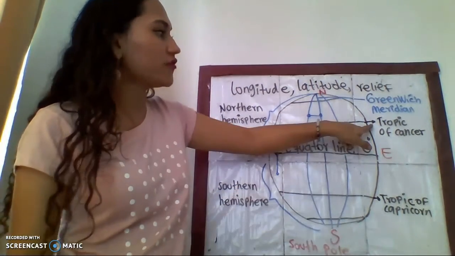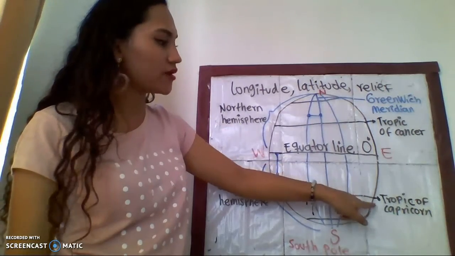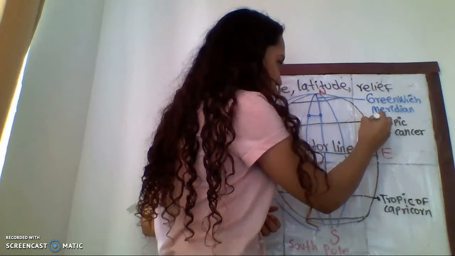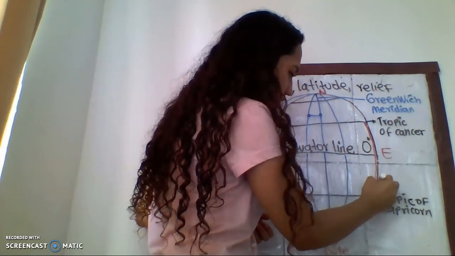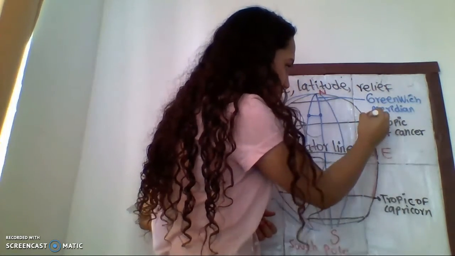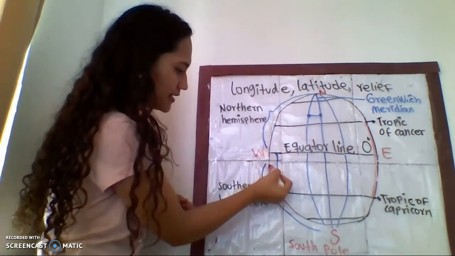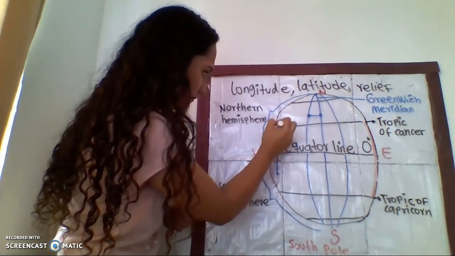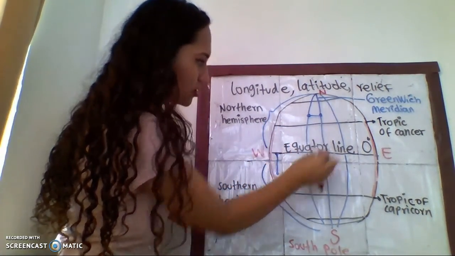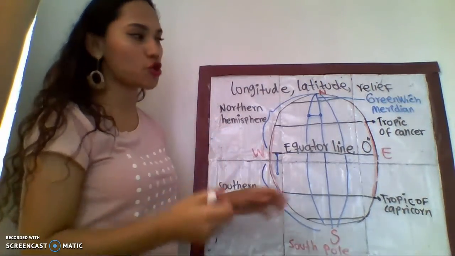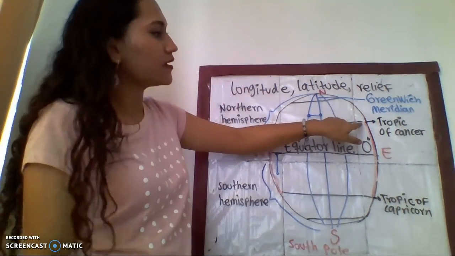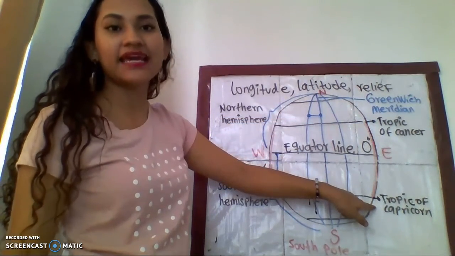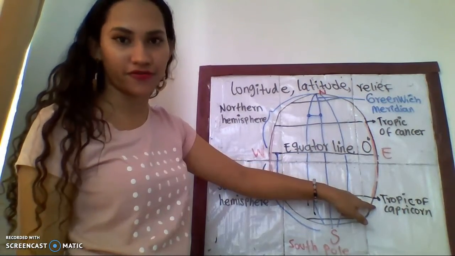For example, from the Tropic of Cancer to the Tropic of Capricorn is the warm zone. All of this part is the warm zone, la zona o el área cálida de la Tierra.